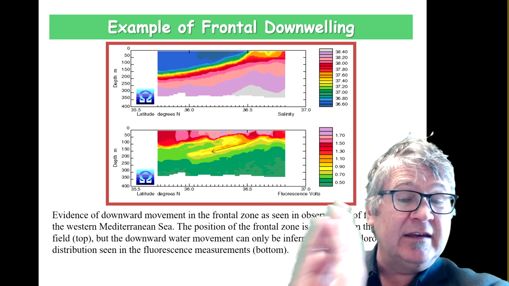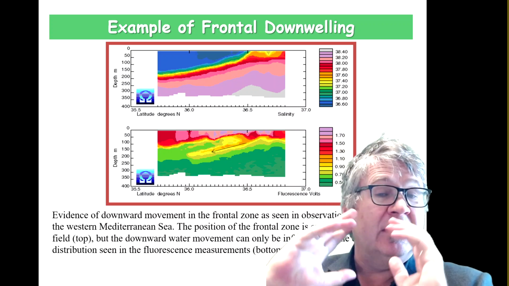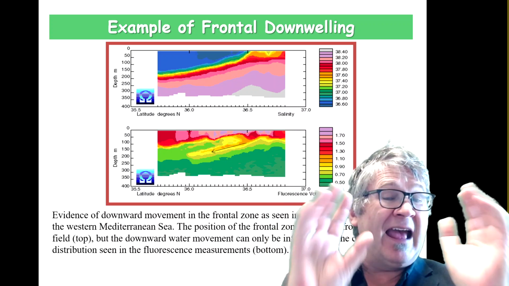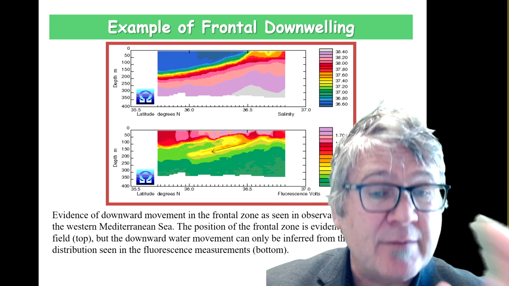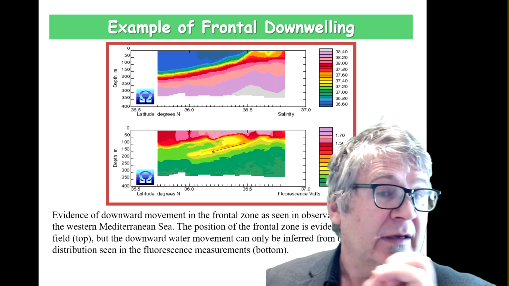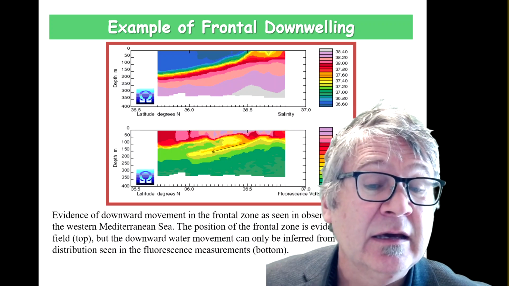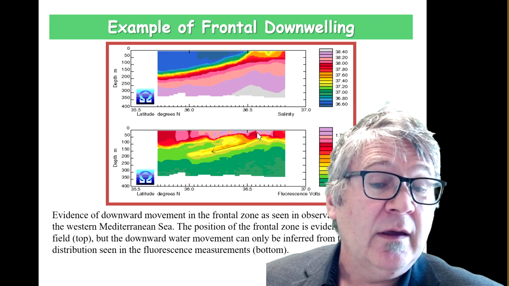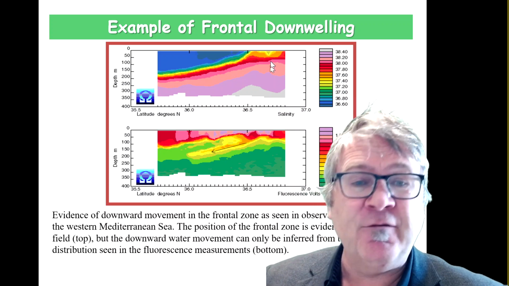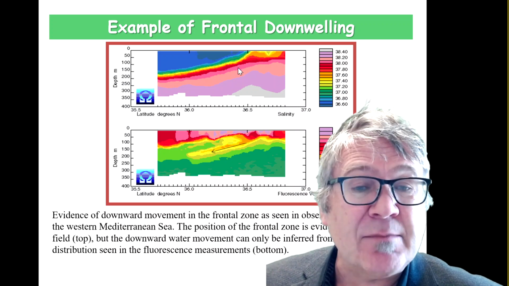Okay, so here you can see this is from the Western Mediterranean Sea, if you're interested in that. You can see evidence of a frontal zone, enhancement of primary production, and you can see the downwelling. Okay, so this is a little bit of a trick. The downwelling you can't see in the salinity, because if you follow this pattern here in the salinity field, you actually move along the same colors.